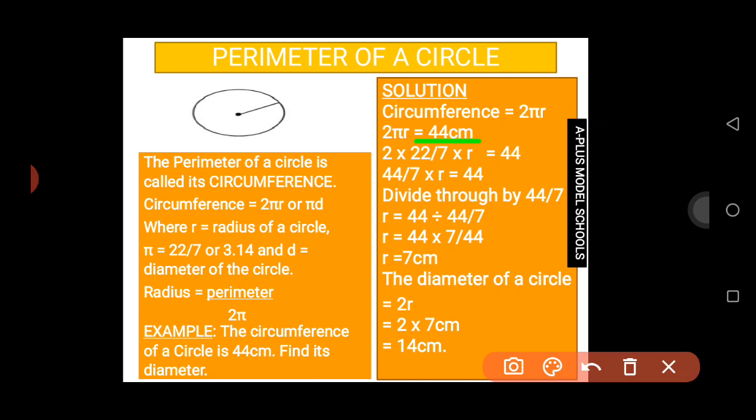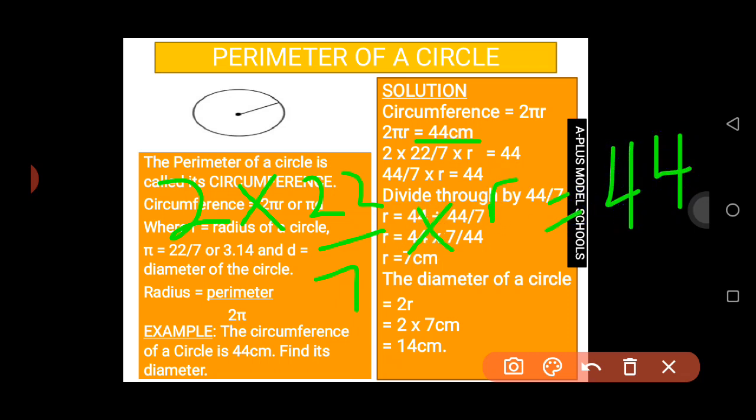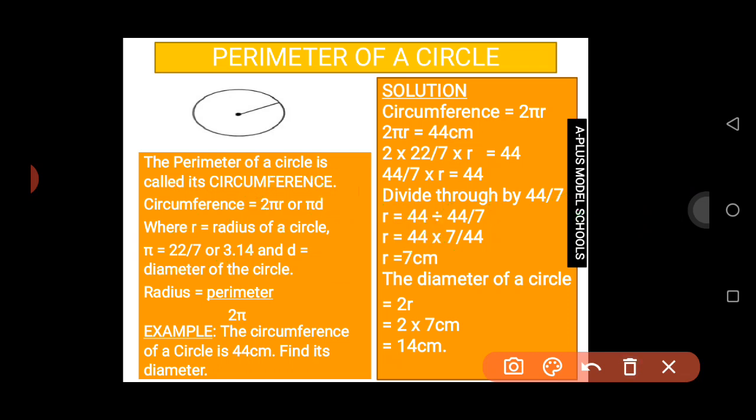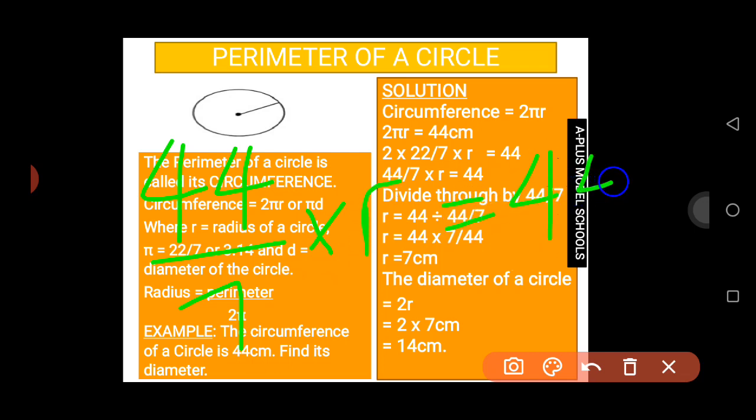Don't forget, if I have 2 times 22 over 7 times r is equal to 44, that will be this 2 multiplied by this 22, which gives me 44, over 7 multiplied by r, which is equal to 44.